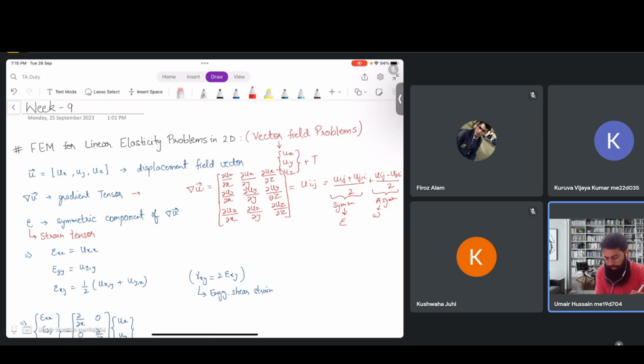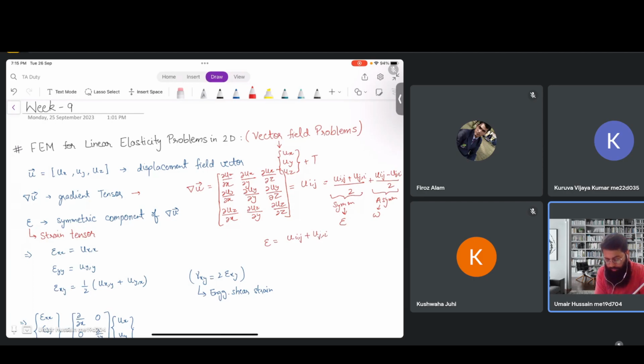So at the end, our epsilon is defined as u_i,j plus u_j,i.